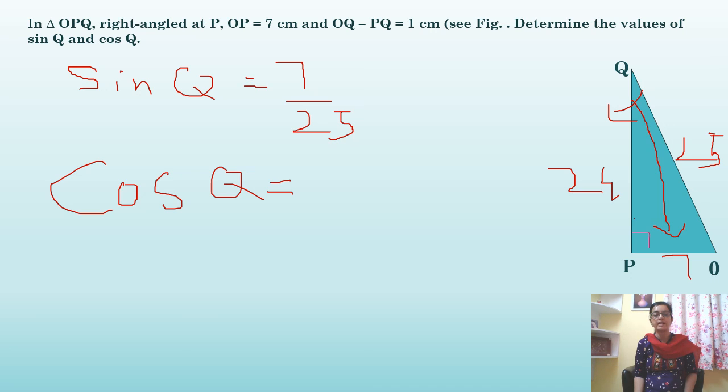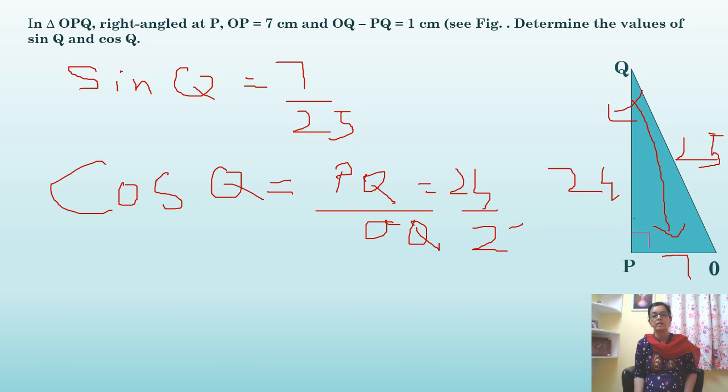So we can even write like that, PQ upon OQ, which is hypotenuse, and that is equal to 24 upon 25. So we found the values of both sin q and cos q.